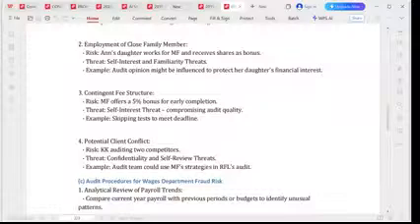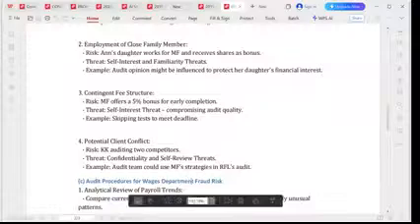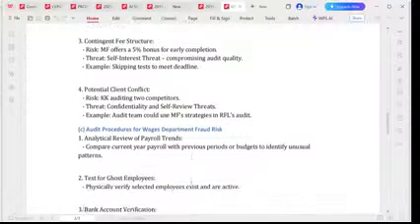So the audit procedures for wage departments, fraud risk. I will be able to do the analytical review of payroll trends. Remember, analytical review means your comparisons, benchmarking, for example, comparing monthly payrolls, comparing the payroll of this year vis-a-vis last year, comparing the company's payroll vis-a-vis the whole industry payroll.